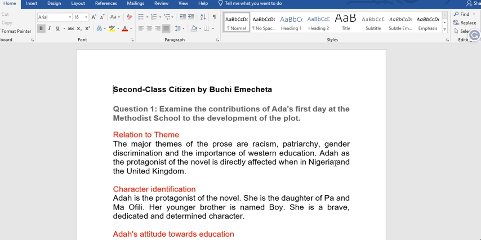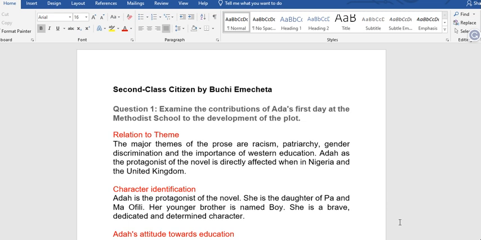The major themes of the prose are racism, patriarchy, gender discrimination, and the importance of Western education. Ada, as the protagonist of the novel, is directly affected in Nigeria and the United Kingdom. So that's the first section of your answer.